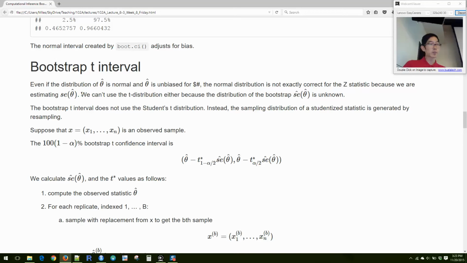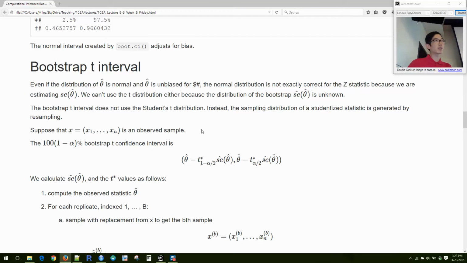When you created confidence intervals for the sample mean, you adjusted for the fact that your standard error was estimated by using the t-distribution, right? But we technically can't use a t-distribution because the distribution of this Bootstrap standard error estimate is also unknown. It's called the t-interval, or maybe studentized.